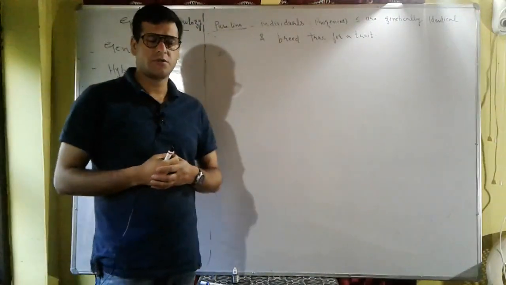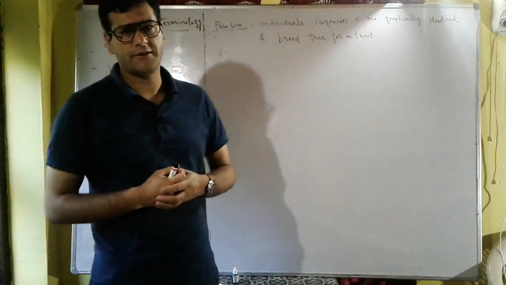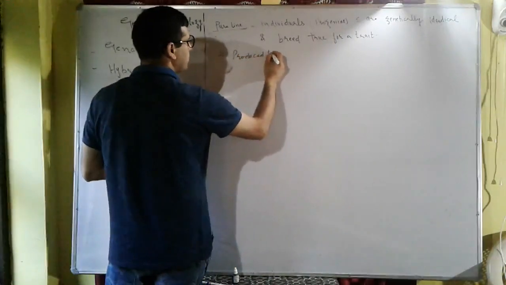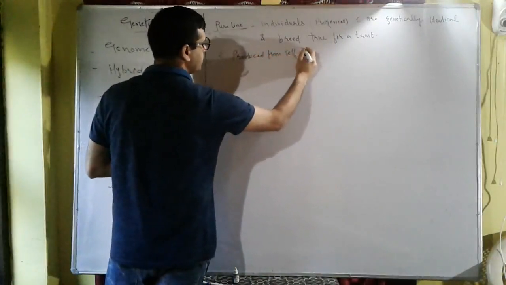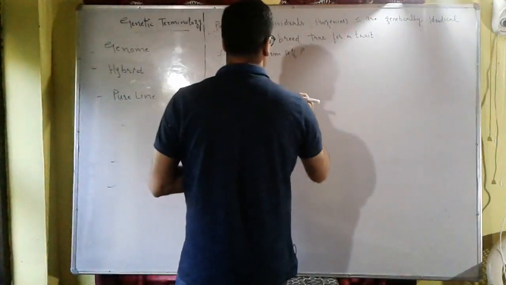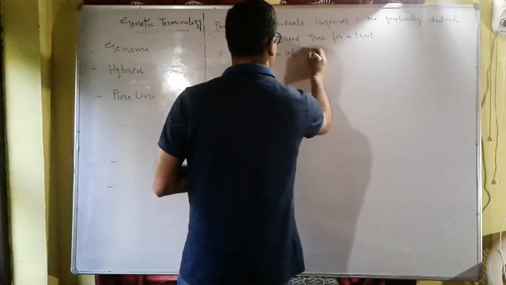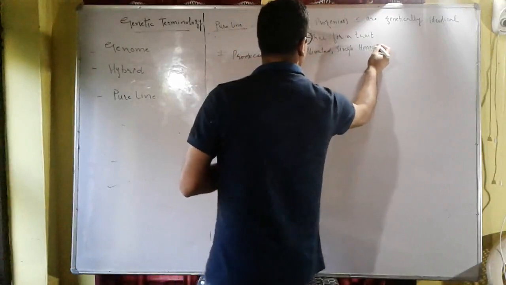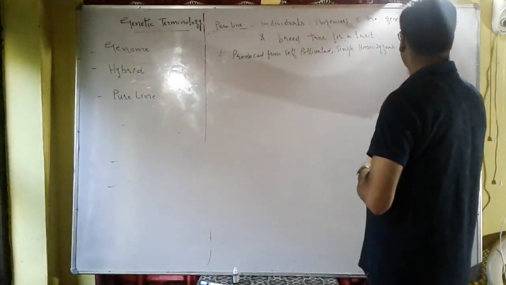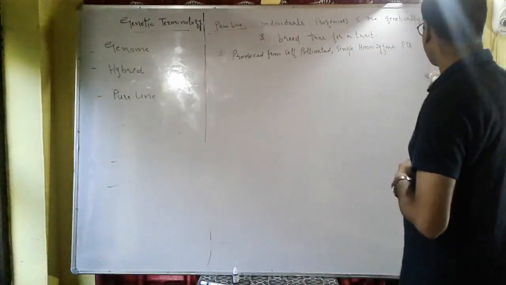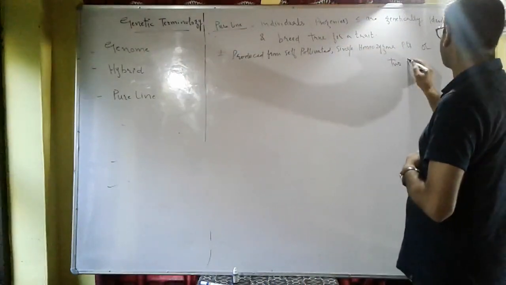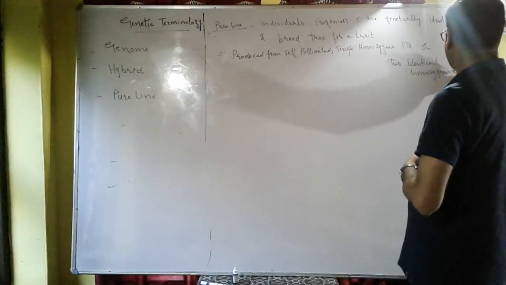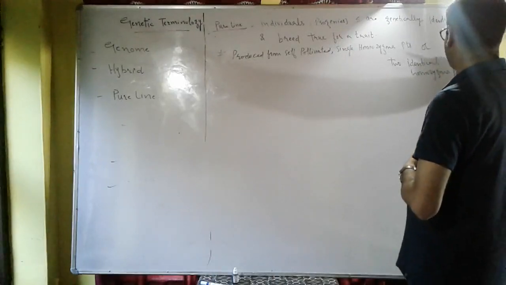These pure lines are produced from a self-pollinated single homozygous plant, or from two identical homozygous parents.